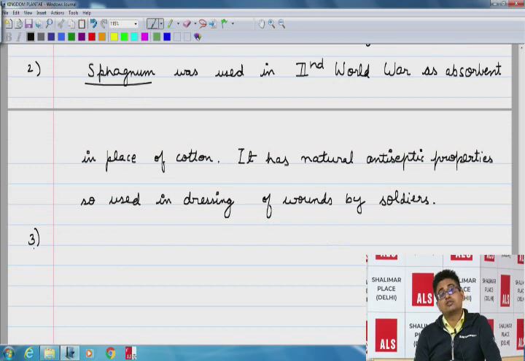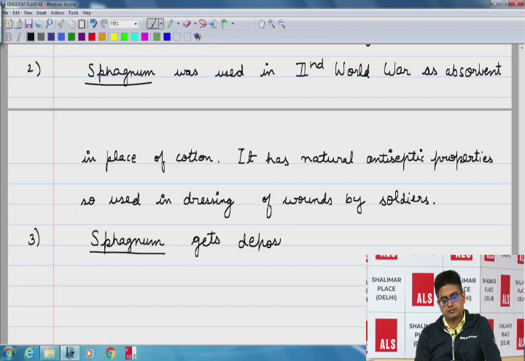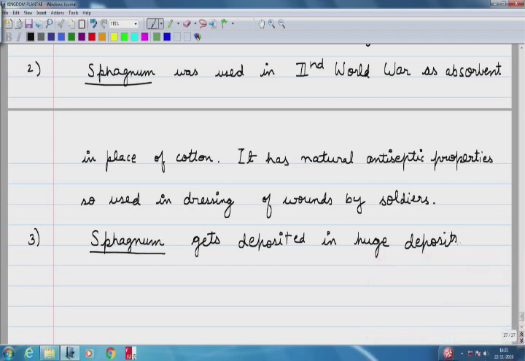Sphagnum has a lot of uses. Sphagnum gets deposited in huge deposits of fossilized peat.